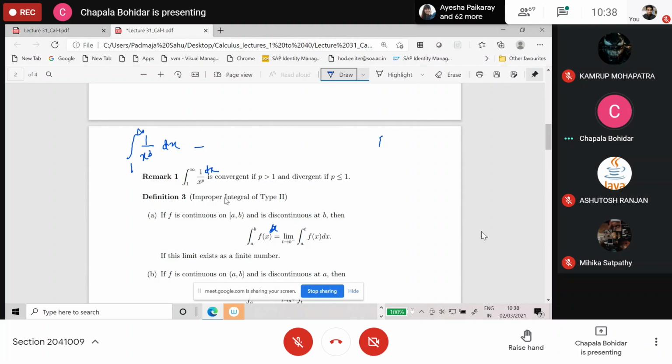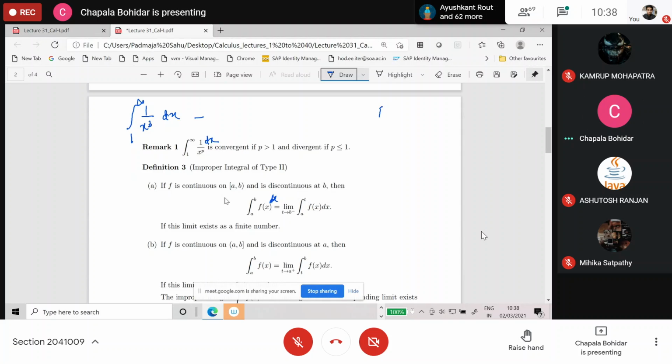Similarly, if f is continuous on the open interval a and closed interval b, meaning it is discontinuous at a, the integral from a to b of f(x) dx is equal to the limit as t tends to a plus of the integral from t to b of f(x) dx.